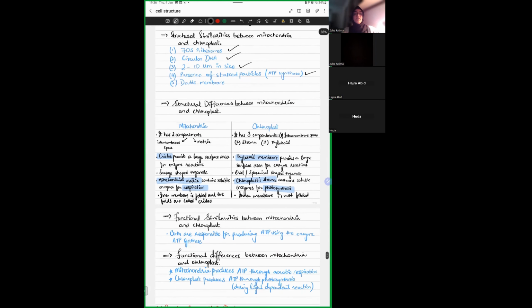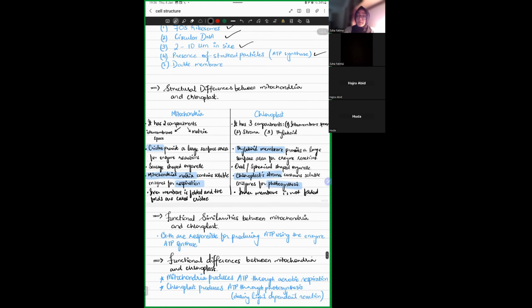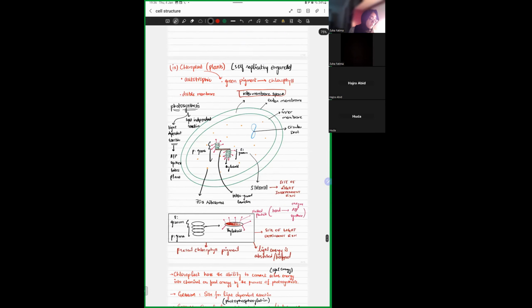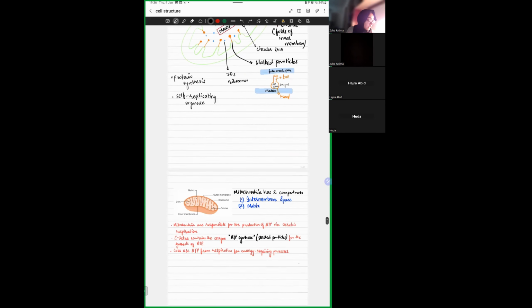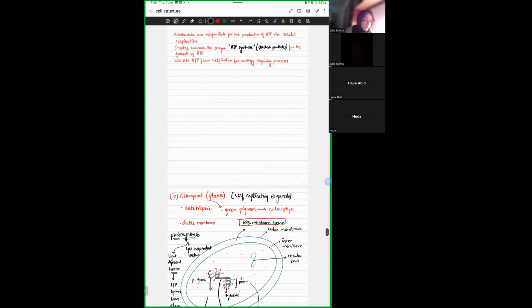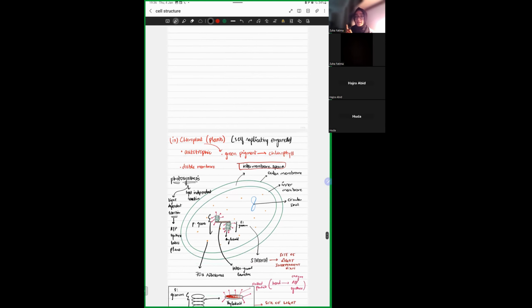Okay, although the third difference is not very visible when we're talking about our cartoon diagrams, because in the cartoon diagram the structure looks almost the same. Like, if you see, it is an almost similar spherical structure for mitochondria and chloroplast. But if you observe, chloroplast is oval spherical in shape.